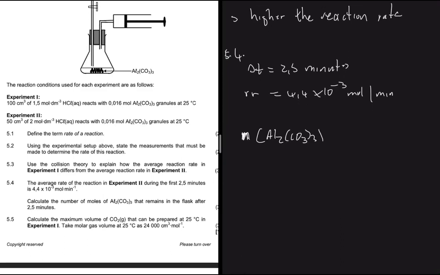So, okay, we know that the rate of a reaction is given as the change in the concentration of the products divided by the time it takes. We have the reaction rate, it is given to us. We have the change in time, the time it takes for the reaction to get to our point of interest.